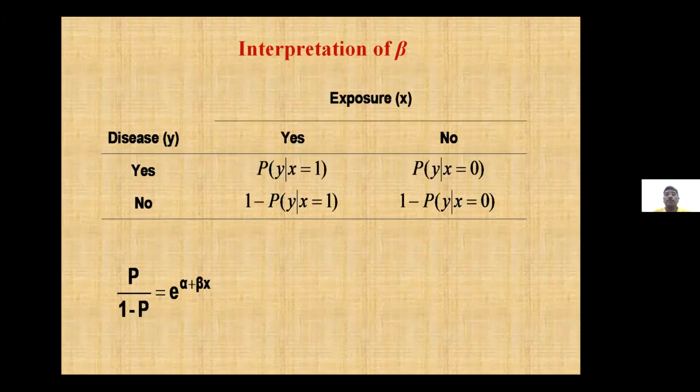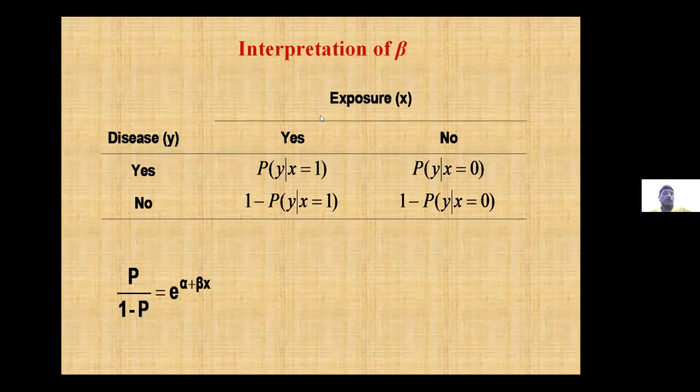Interpretation of beta. This is a very simple 2 by 2 table. Disease is Y, present and not present. Exposure: let this be the corona disease, COVID-19, present, not present.